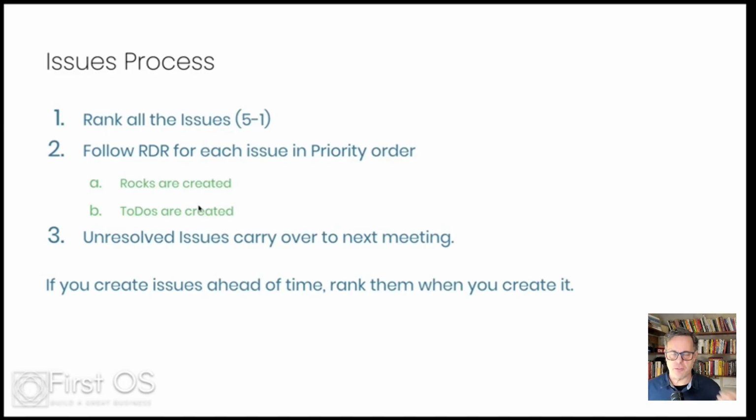At the end of the RDR process, that's how we're going to get to rocks. That's how we're going to get to to-dos, make decisions, and follow through on those decisions. And one of the magic things about having a list like this is that the unresolved stuff doesn't go away. That's part of the psychology of having an issues list: just because we didn't talk about it today, my friend, doesn't mean we're never going to talk about it.